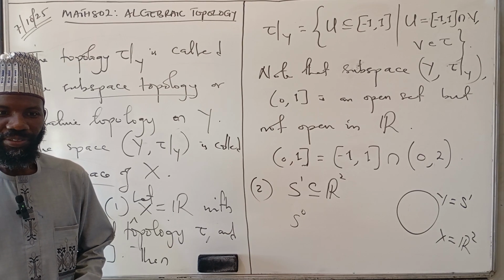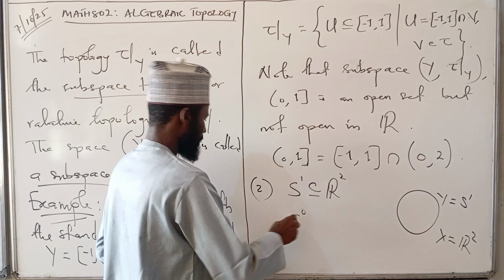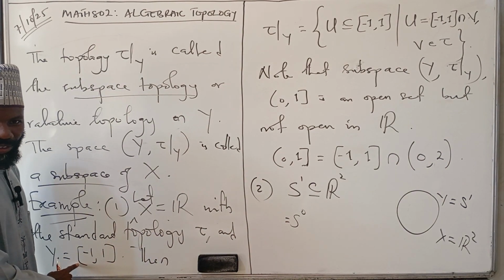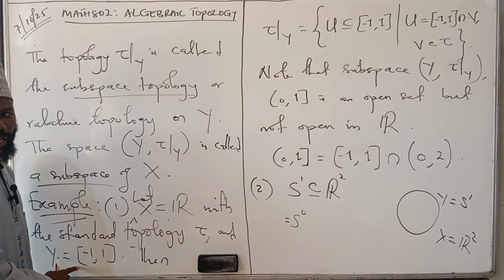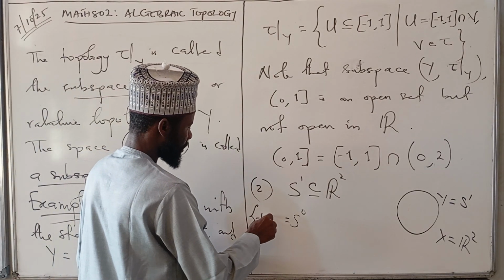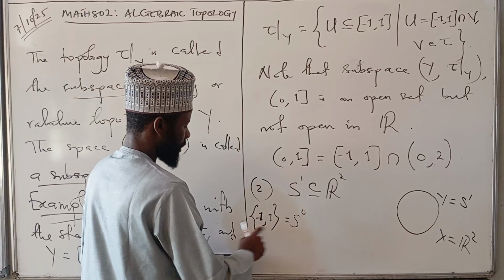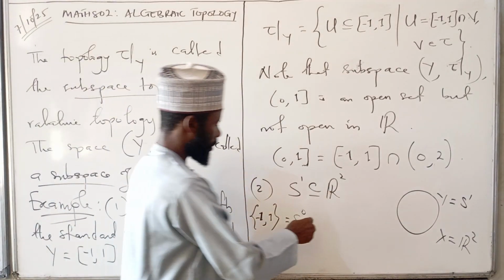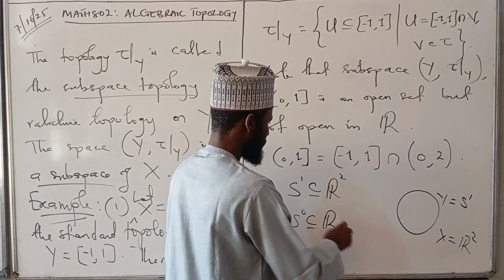Of dimension 0. Remember we talked about it? It will be the boundary of this ball. The boundary of the ball of dimension 1. So it will be -1 and 1. And so this can be taken as a topological space, subspace of R.